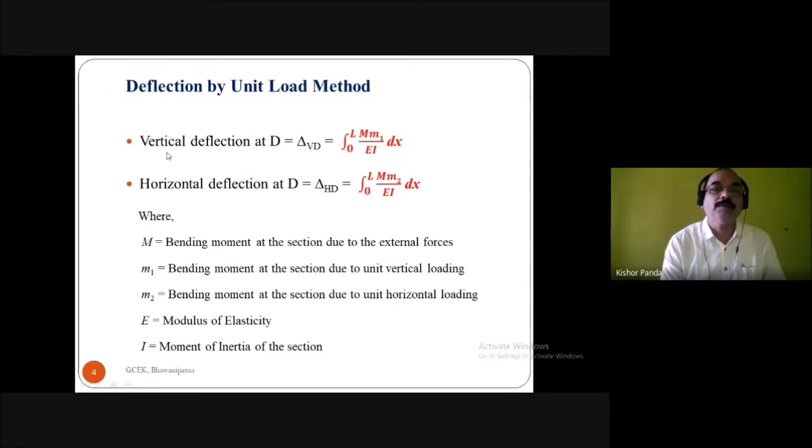So what is the formula? The vertical deflection at D, delta VD, is equal to the integral from 0 to L of capital M small m1 by EI into dx.